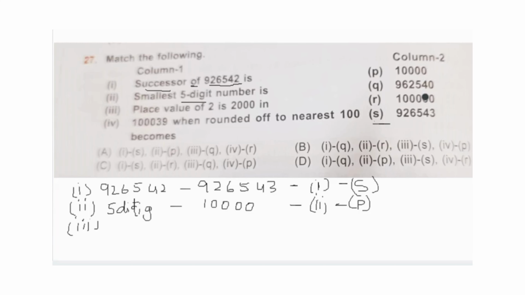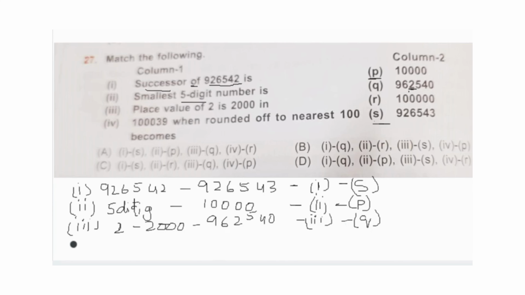So if you see, we are already done with S and P. Now we have two options, one is Q and R, and the only number that has a place value of 2 in the thousands digit place is option Q. So straight away you can map option 3, which is 2 in 2000, to 962540. So here option 3 is mapped to Q.